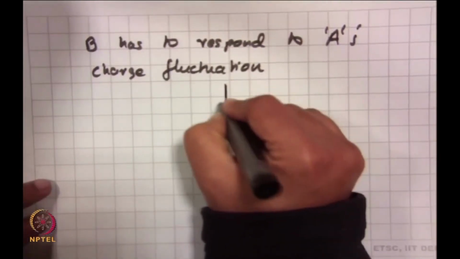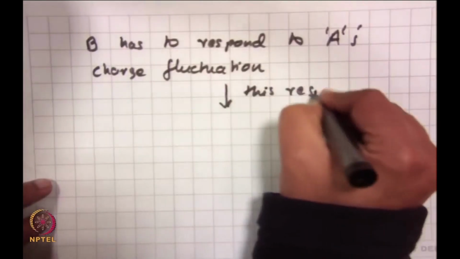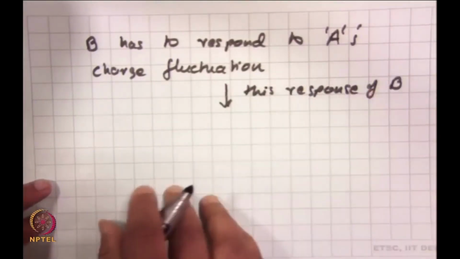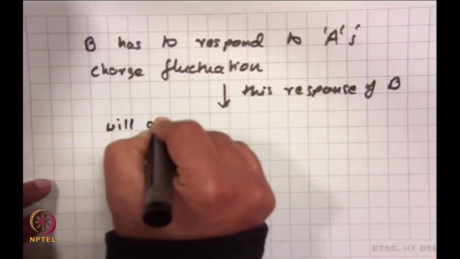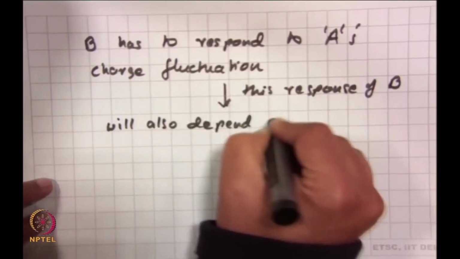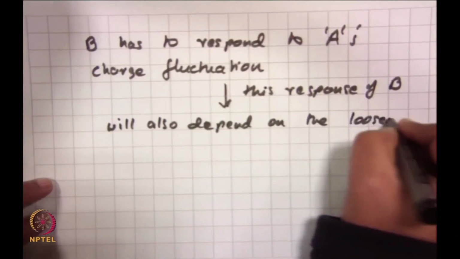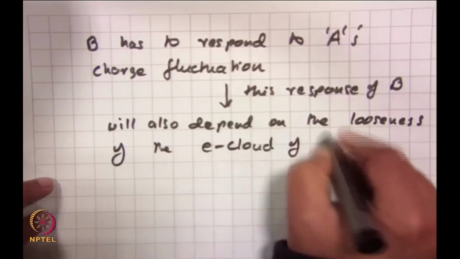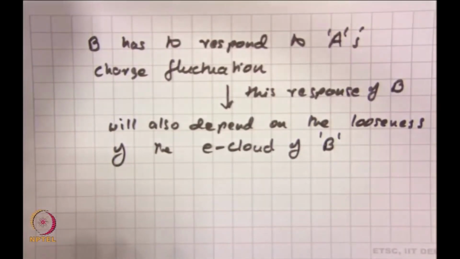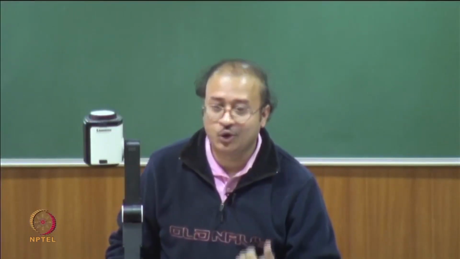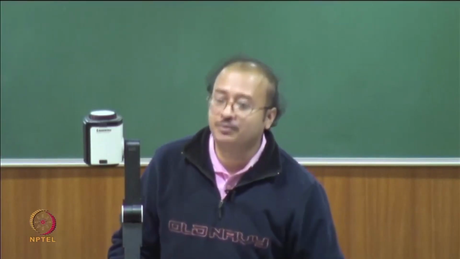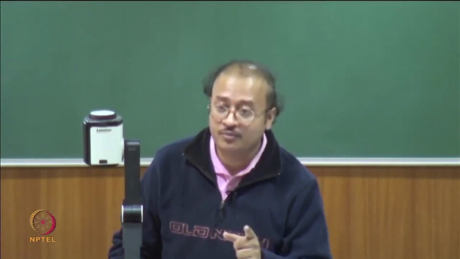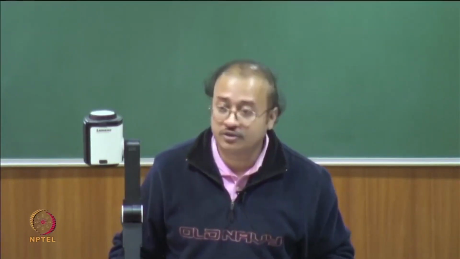This response of B will also depend on the looseness of the electron cloud of B. So, we have an instantaneous dipole for A, and to what extent B would react or orient itself to this instantaneous dipole will also depend upon the looseness with which you can deform B's electron cloud.